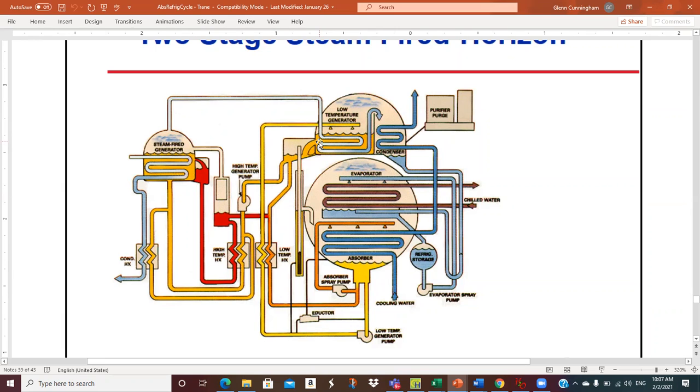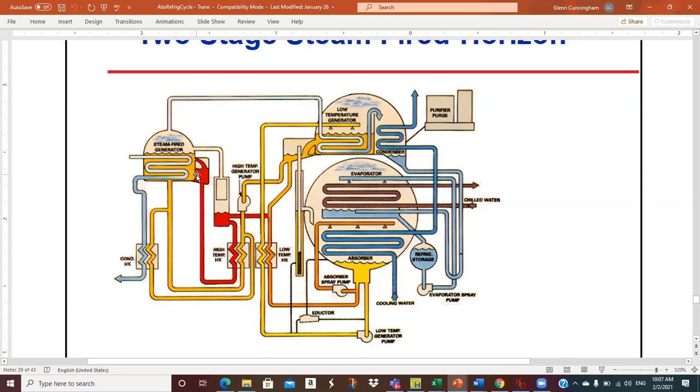Here's our strong solution coming out of the low pressure for the second stage. So it's coming down here, and we've got a high temperature generator pump. So it's pulling some of that stuff down through here, and that's getting pumped. So we got heat exchangers and a bypass on the heat exchanger. So we can come up through here, we can come down through here.